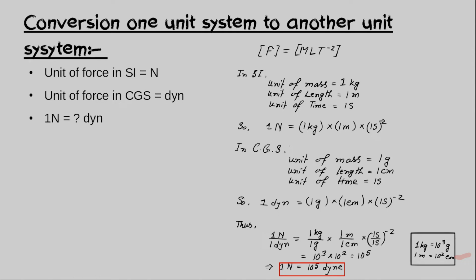So that is equal to 10^3 into 10^2, which is 10^5. Therefore, 1 Newton is equal to 10^5 dyne. So, anyone can find the conversion factor for any derived quantity if the dimensional formula is known.